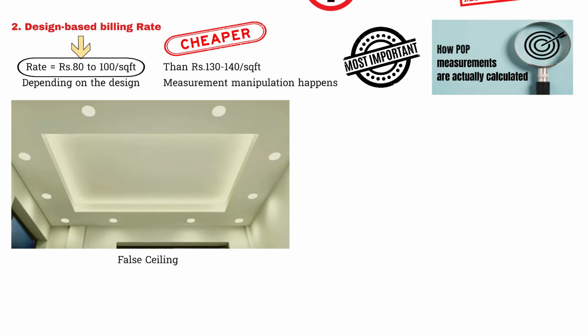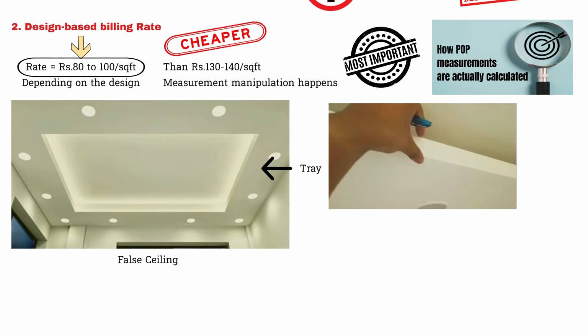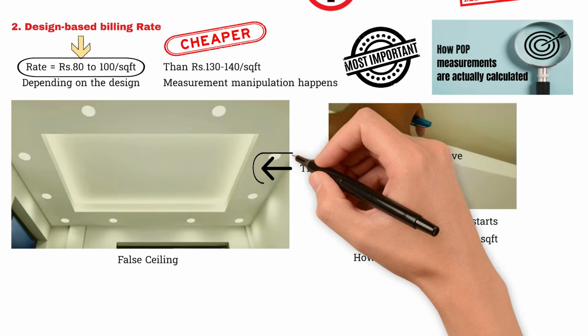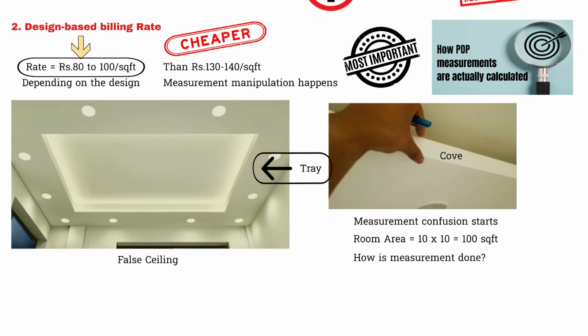As you can see, tray all around, cove inside and a full false ceiling. Now this is where measurement confusion starts. Earlier, the room area was 10 feet by 10 feet, which is 100 square feet. But after this design, how is measurement done? First, tray measurement is calculated. Tray is usually 1.5 feet, that is 18 inches.